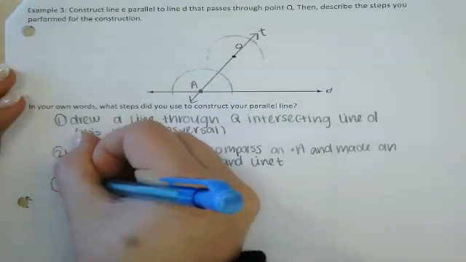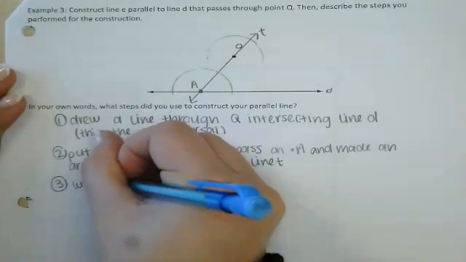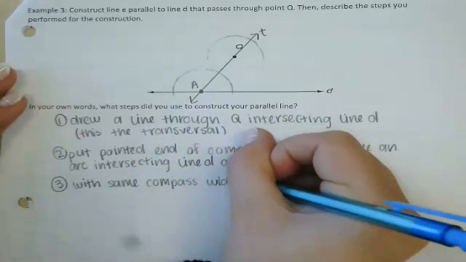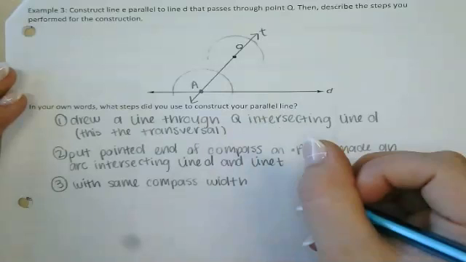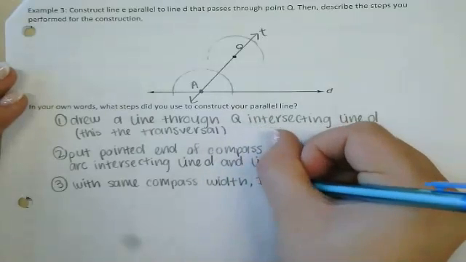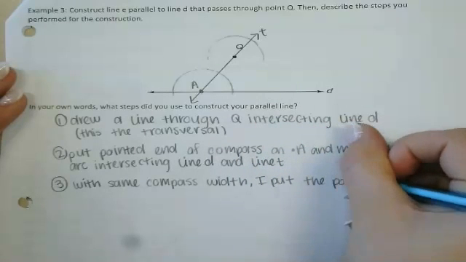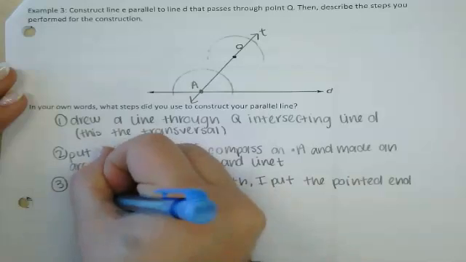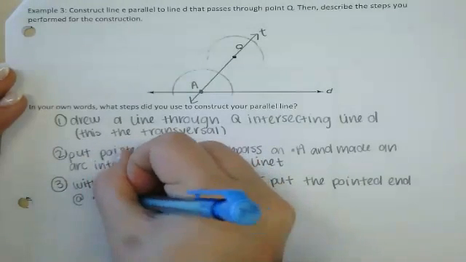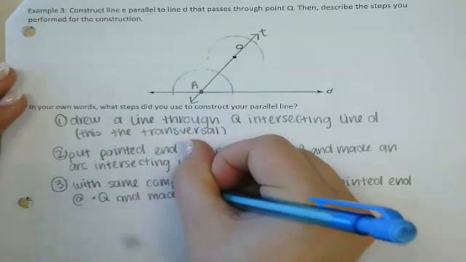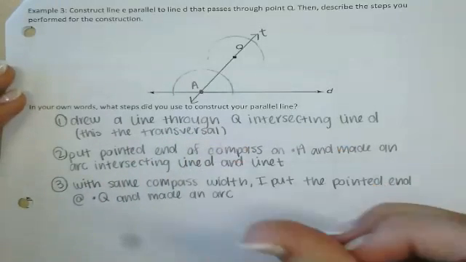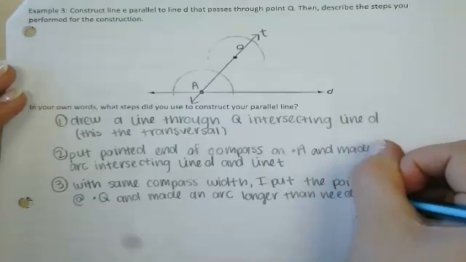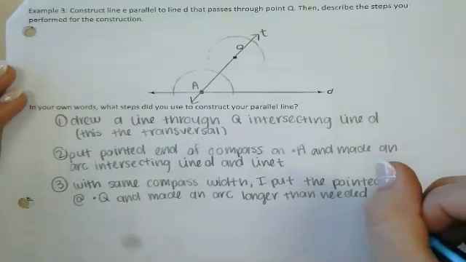So with that same compass width, I put the pointed end at point Q and made an arc longer than needed, making sure to intersect line T.